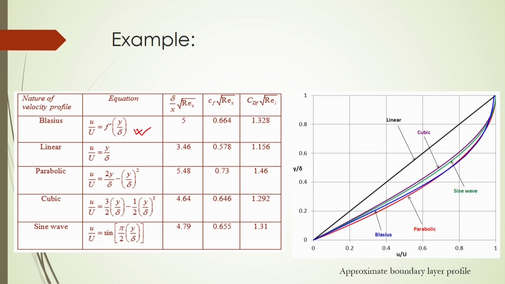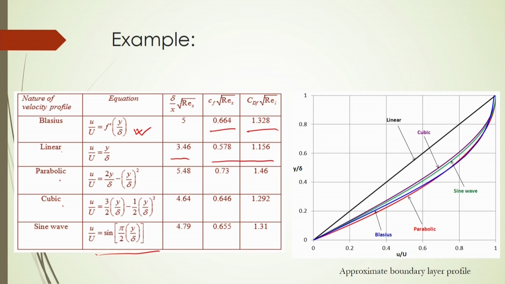Similarly, Cf is 0.664 divided by root over Rex, and C D is 1.328 divided by root over Re L. In this way you can get the different values of delta, Cf and C D for linear, parabolic, cubic, and sine wave profiles of the boundary layer, and easily calculate them.